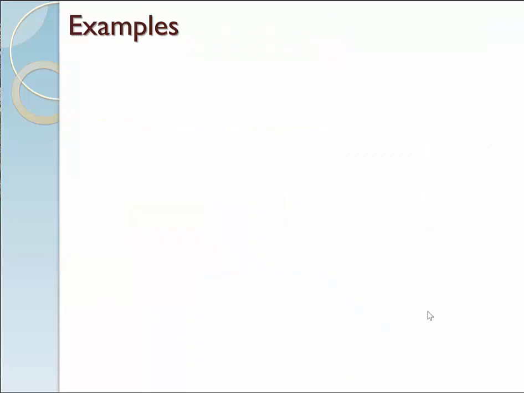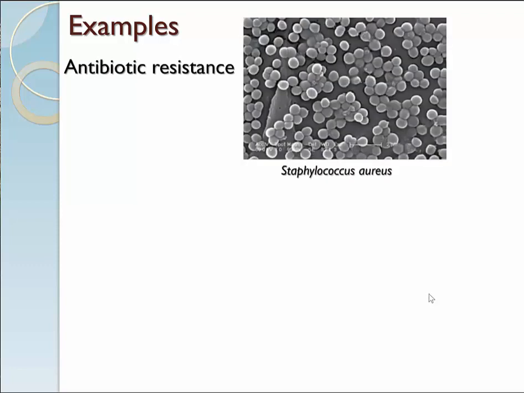And so let's look at some examples of fitness. Antibiotic resistance is one type. Some bacteria, like Staphylococcus aureus, are resistant to antibiotics. In the case of Staphylococcus aureus, they cause wound infections.